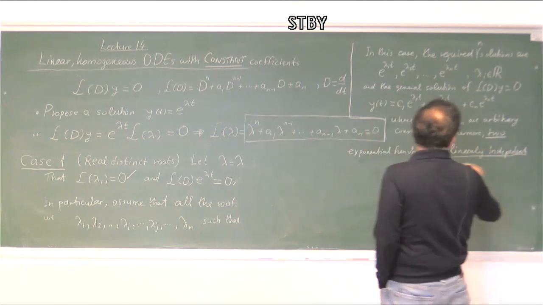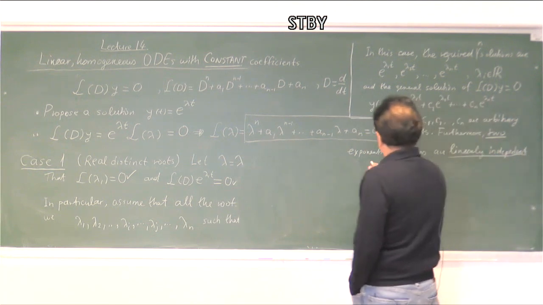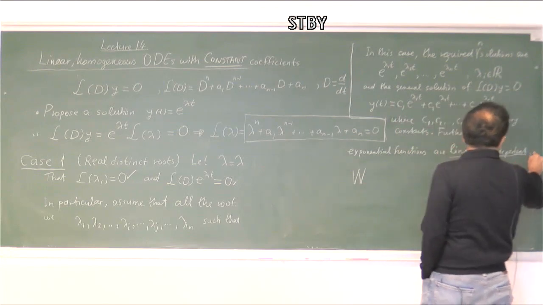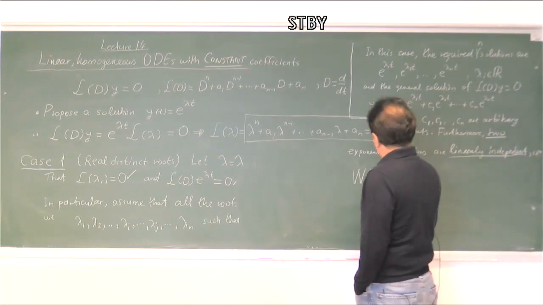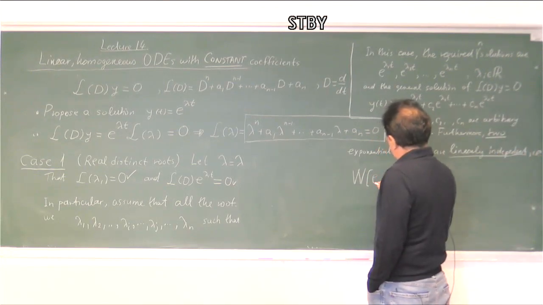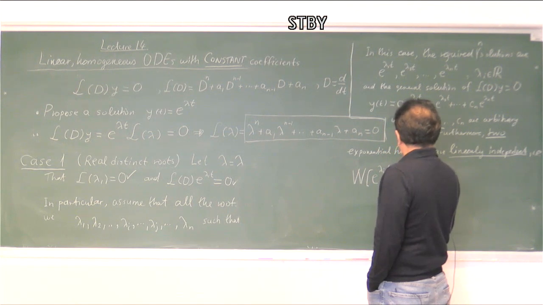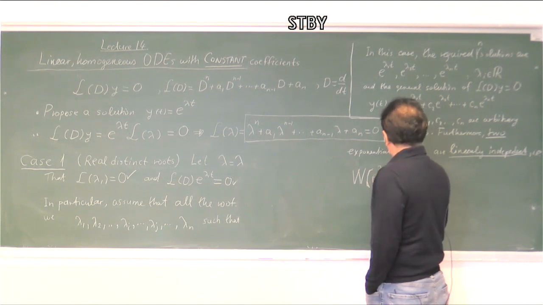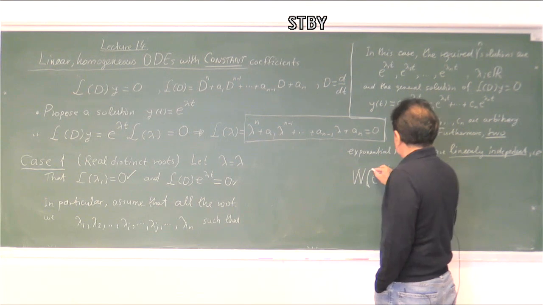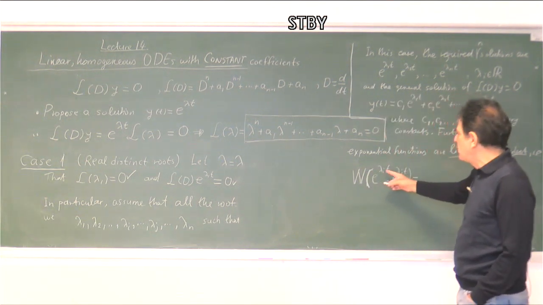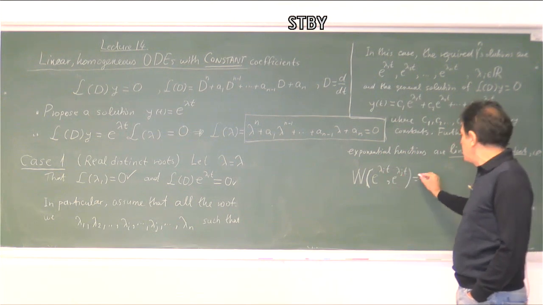That is, look, say, the Wronski determinant of e to power lambda i t and e to power lambda j t. Consider the Wronski determinant of two exponential functions with exponents lambda i t and lambda j t.